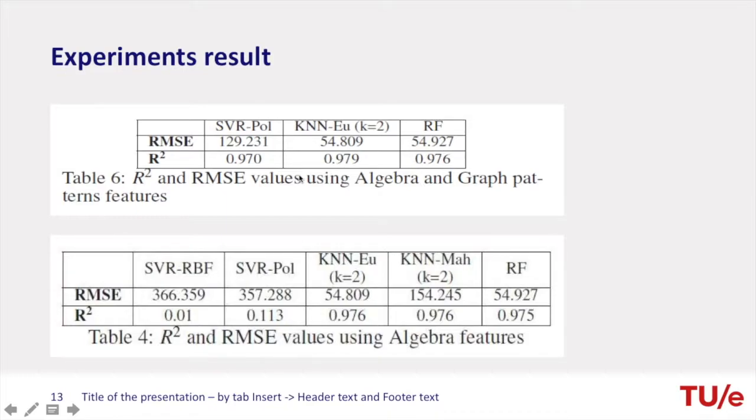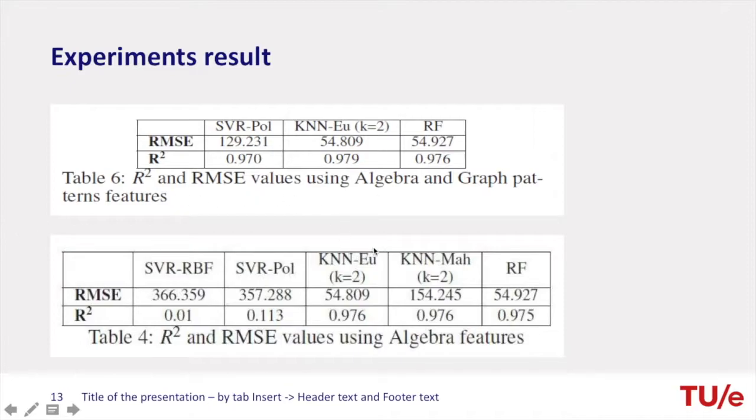So these two tables show the different RMSE and R square values by using only algebra features and both algebra and graph pattern features.